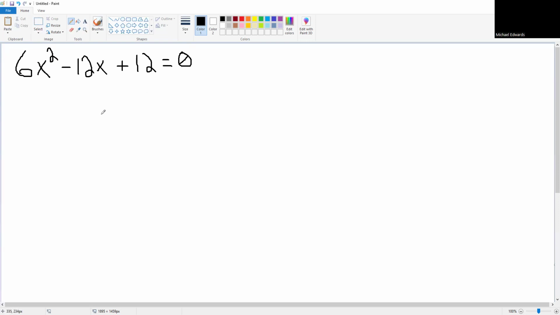So let's just skip to that quadratic equation. So negative b plus or minus the square root of b squared minus 4ac all over the little 2a.